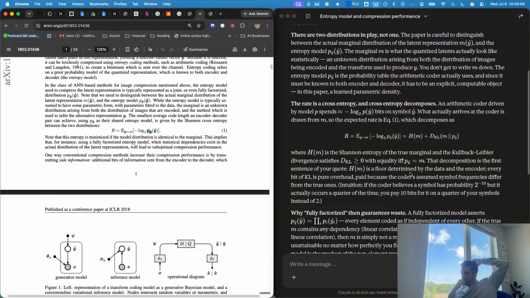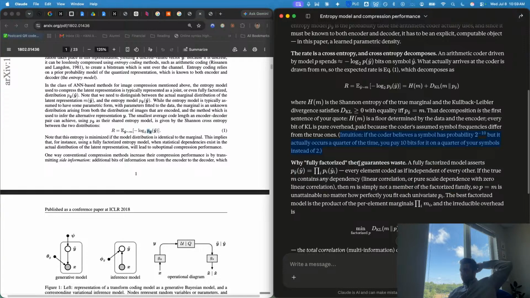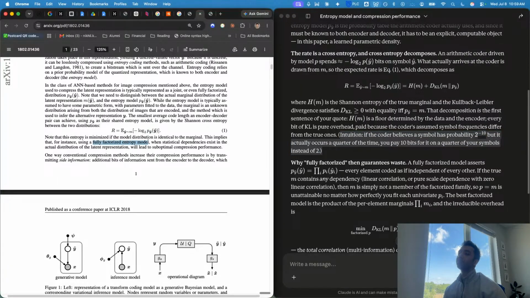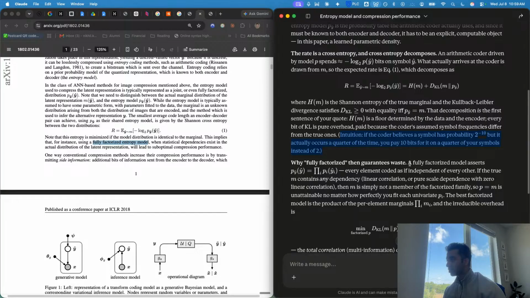Yes. Okay. This is exactly what I said. Why does fully factorized then guarantee waste? Fully factorized, I think it just means not accounting for any covariance. Yes.